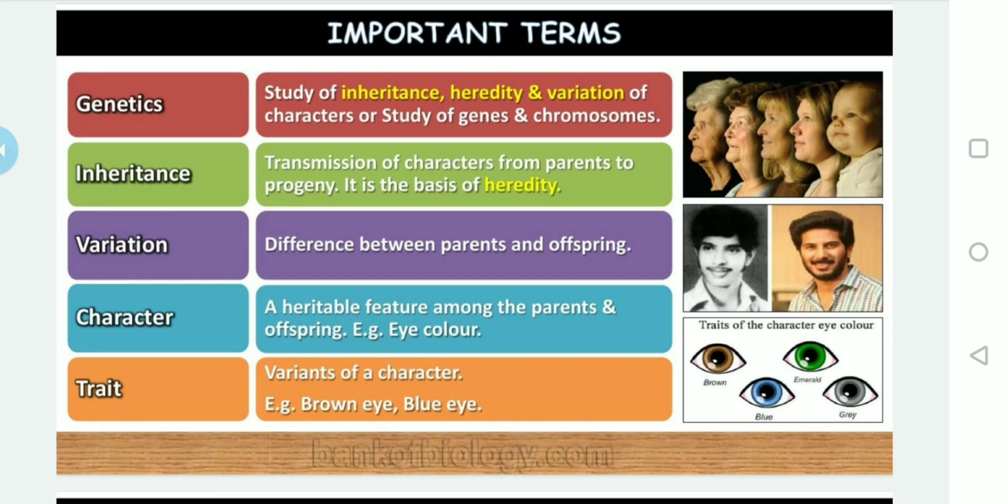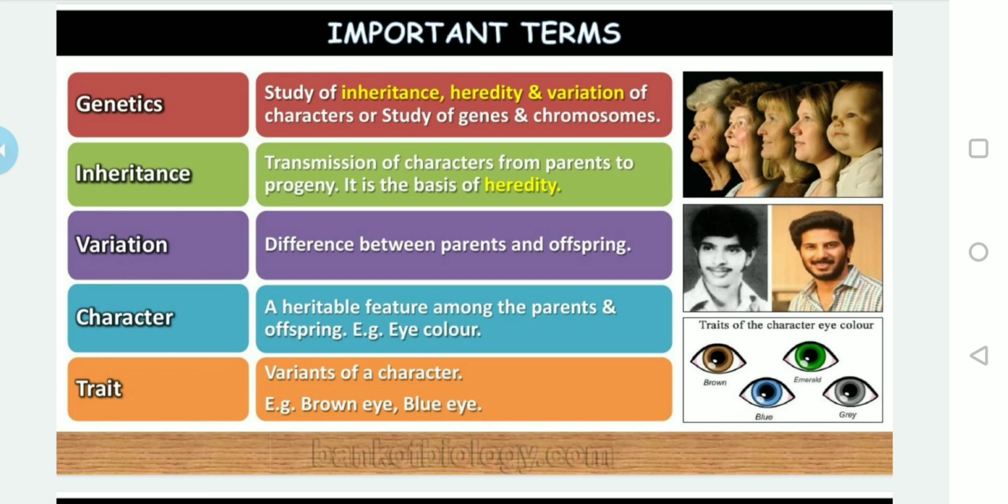The answer is clear: my parents are dwarf, that's why I am also dwarf. If somebody asks why you are fair or dark, the answer is their parents may be fair, or if their parents are dark, then their children may also be dark. So like this, the transmission of characters from parents to progeny is purely based on heredity.